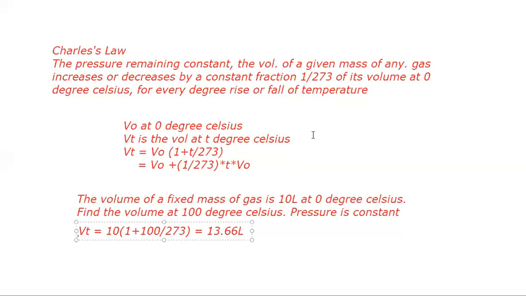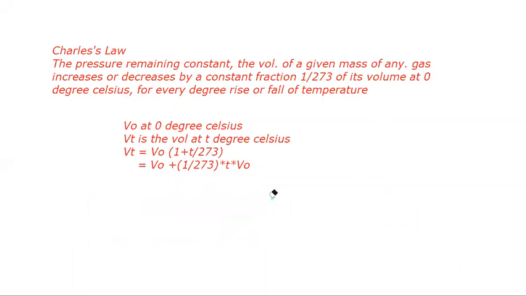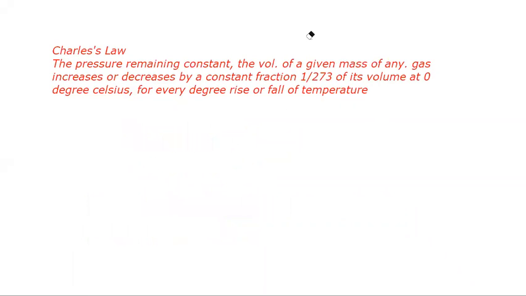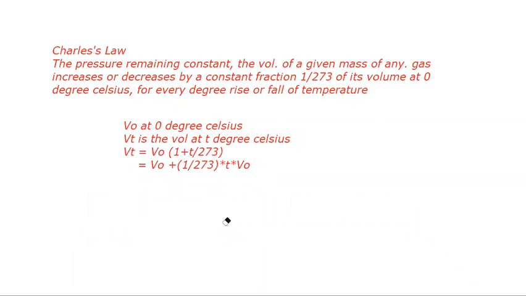So the solution to this is Vt is equal to 10. Using this formula, Vt is equal to 10 times (1 plus 100 by 273), which gives you 13.66 liters. Okay. So now we are going to use this formula again, and we are going to see what happens to this formula.